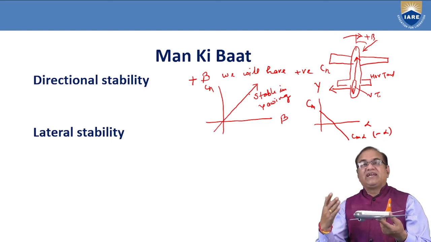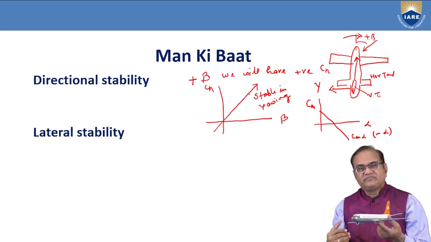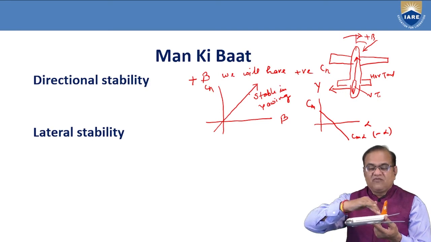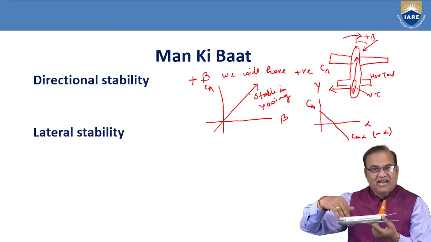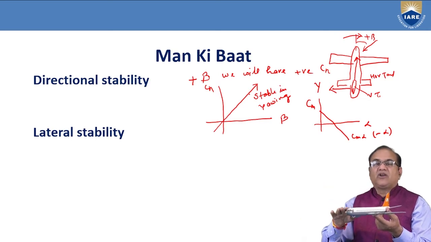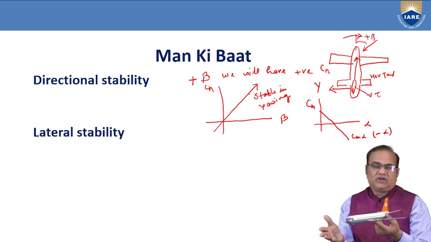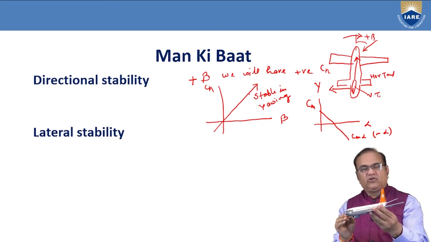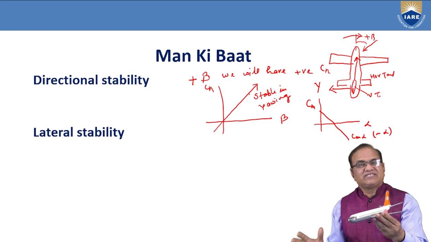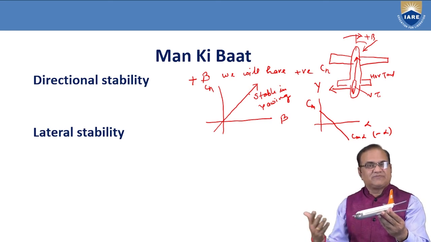But how do we get the lateral stability? This motion is happening with respect to the longitudinal axis, and the wings are in the lateral position. Wings are going up or down. So if we are making the right wing go down, then how are we getting the stability? That is my explanation here.